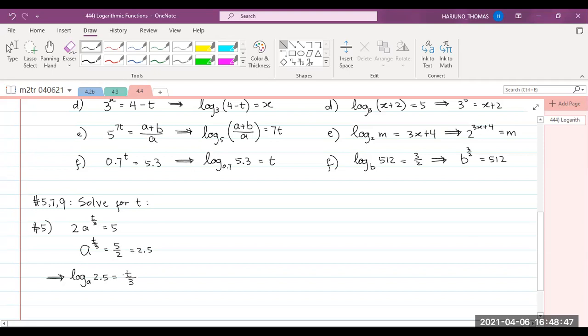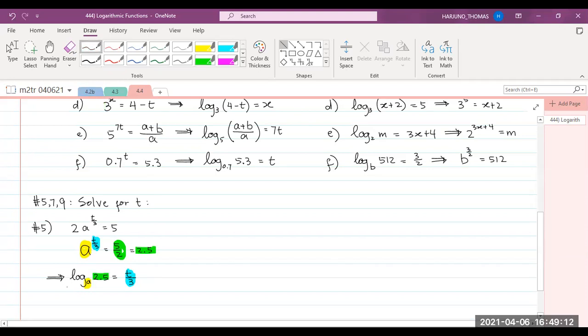Now think about this first. A to the t over 3 equals the argument. So what will t be?